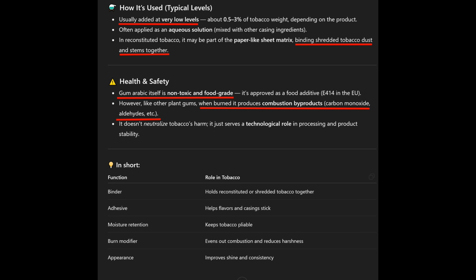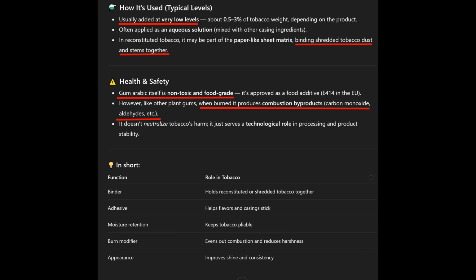Usually added at very low levels, about 0.5 to 3% of tobacco weight. In reconstituted tobacco, binding shredded tobacco dust and stems together. That is again important. Health and safety. Gum arabic itself is non-toxic and food grade, but when burnt, it produces combustion byproducts.